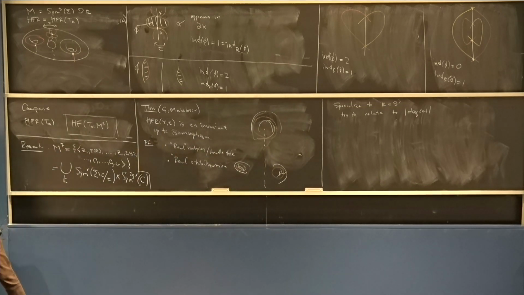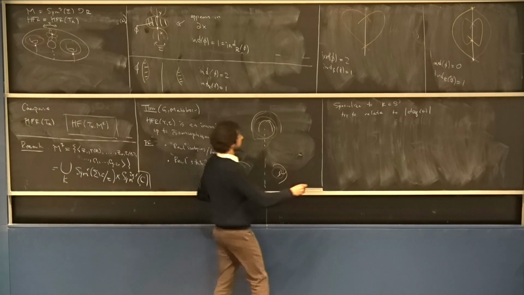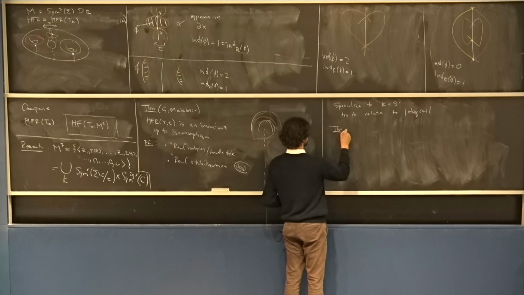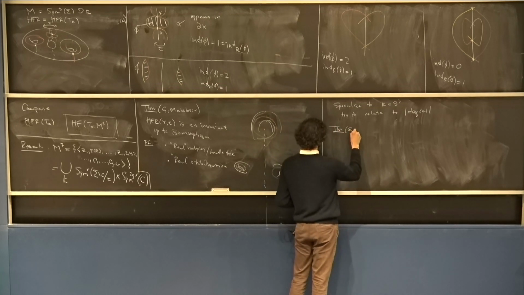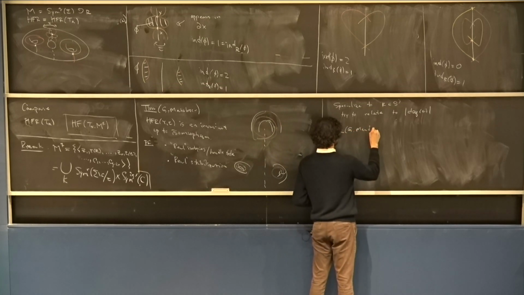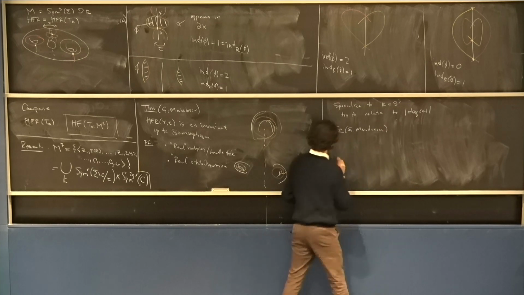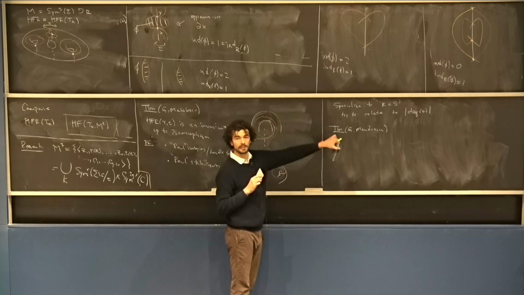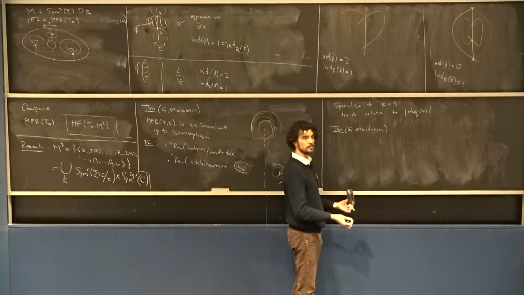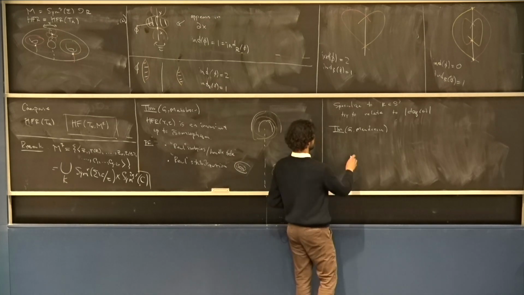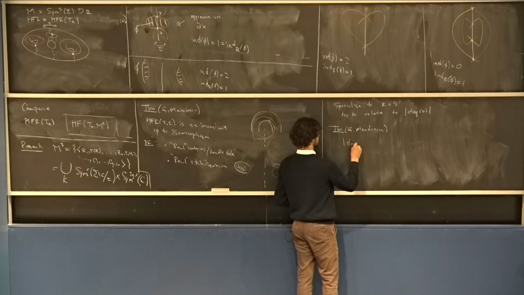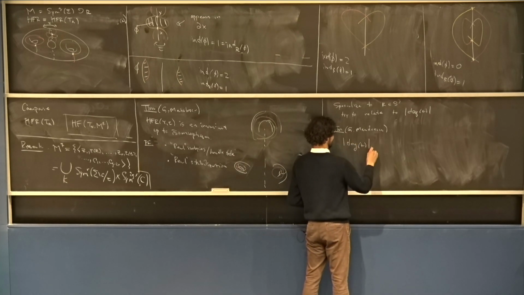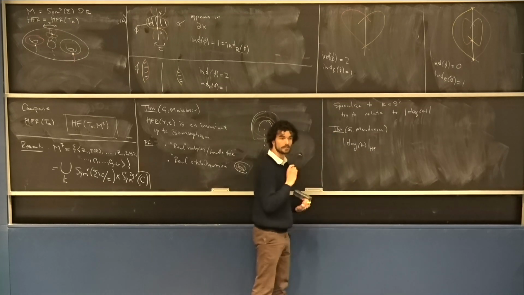But then, of course, you would guess that whatever the Heegaard Floer analog of this invariant is, it should be computable easily. And that's true. So I'll write HF for the Heegaard Floer analog.